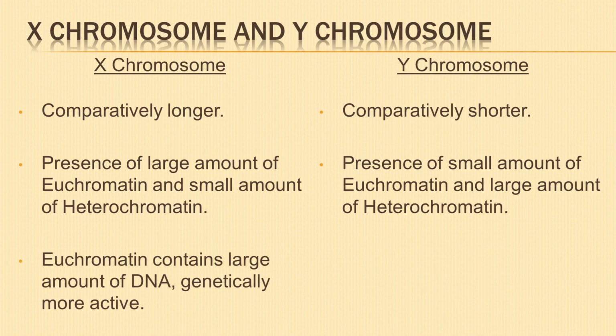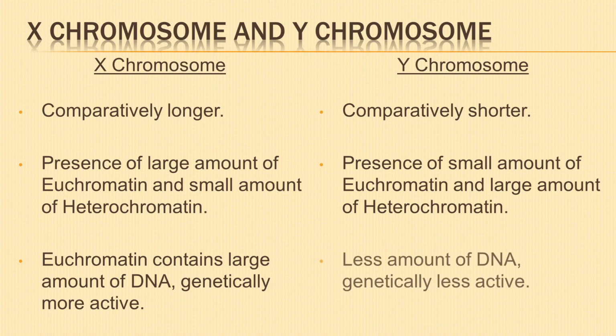In X chromosome, the euchromatin contains a large amount of DNA or genes and hence is genetically more active. In Y chromosome, there is less DNA and hence it is genetically less active.